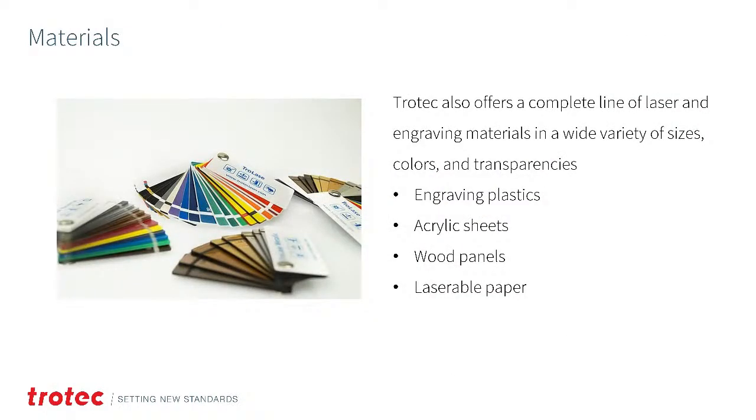Another thing that Trotec offers is an entire project material line. We offer engraving plastics, acrylic sheets, wood panels, laserable paper, and so many other types of materials. Two-tone plastics in just about every color combination, metallics, different types of woods, MDFs, plywoods, laminated veneers, solid core woods, raw woods. This gives the ability to combine it all together.